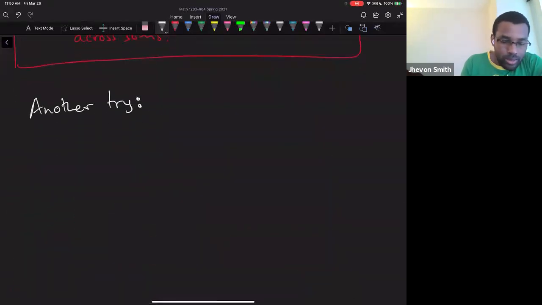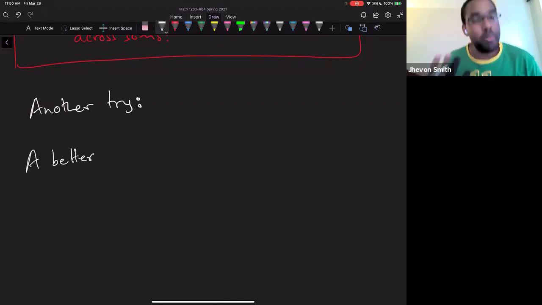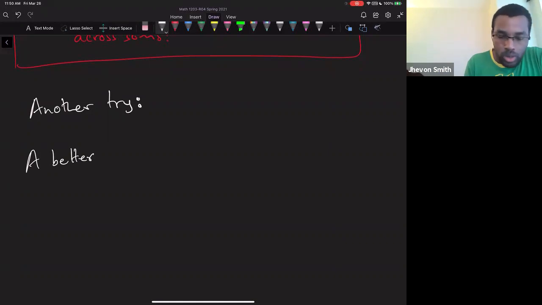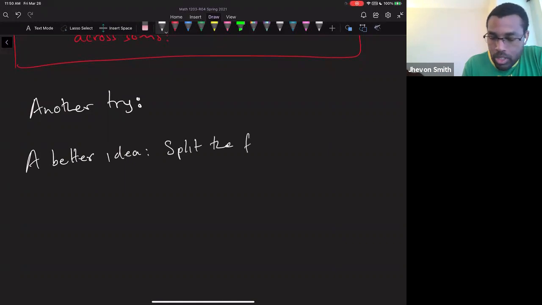Here's a better idea. And I'll give you guys an even better idea, at least in my opinion, later on. So a better idea is to split the function.